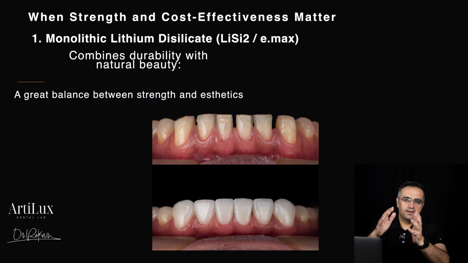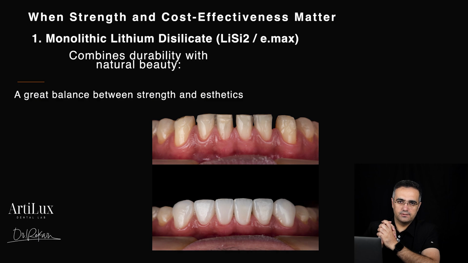Now we come to another type of restoration, which is monolithic, or we can say full contour restoration or full anatomical restorations. These names are all the same. The idea behind this is that we are using only one material for the restoration. There is no core, like we have with IMAX, and no layering with feldspathic ceramic.